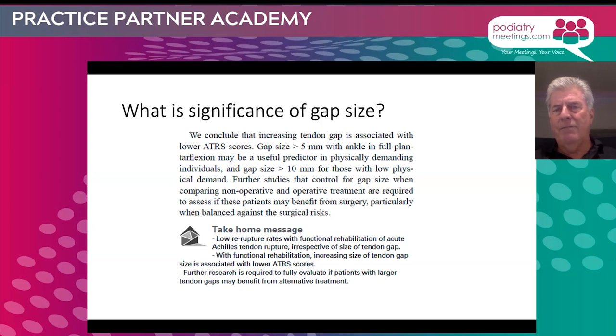In active younger patients, if there's a gap size greater than 5 millimeters, they did not do well. And in non-physically active older patients, a gap size of greater than 10 millimeters predicted a poor outcome. So keeping that gap size down with equinus positioning probably is important in those patients who are being treated non-surgically for an Achilles tendon rupture.